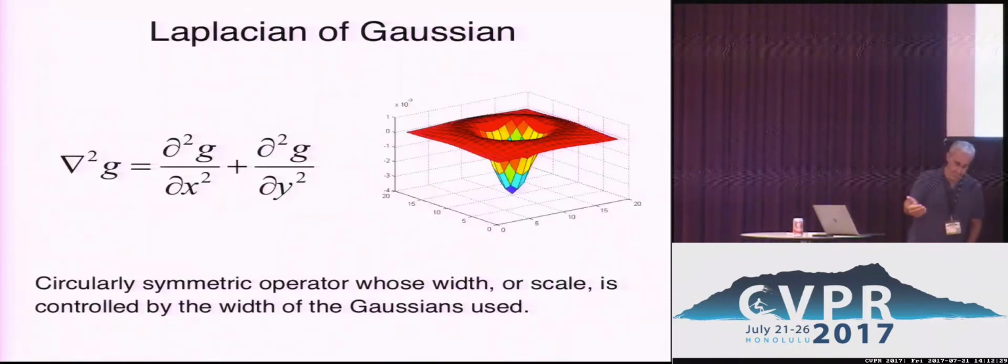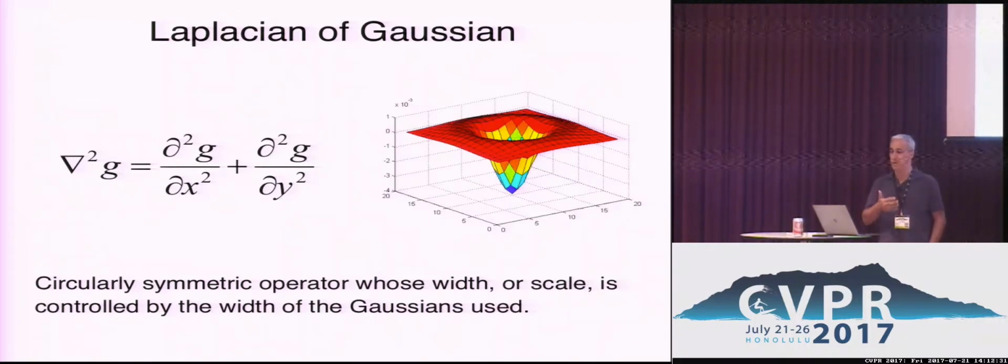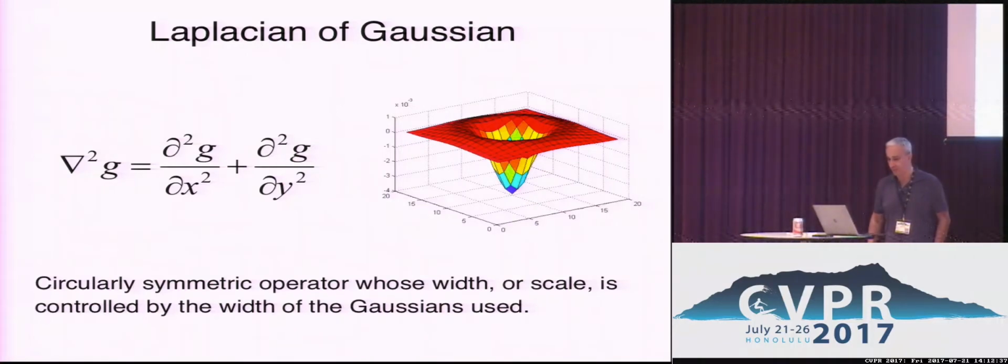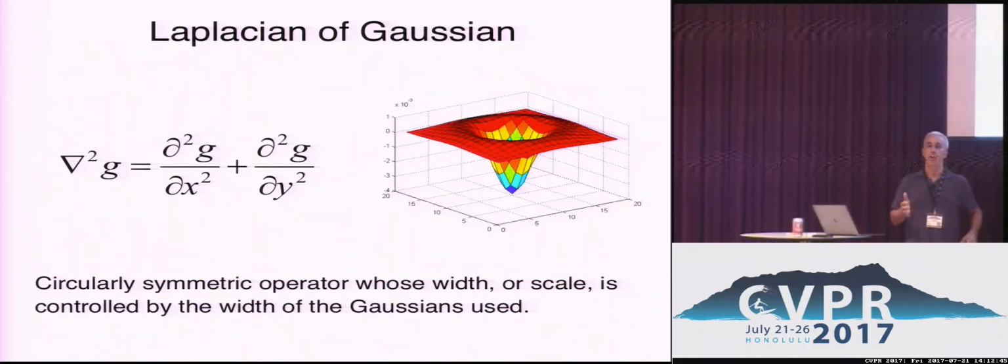And the idea behind it is that of using something called the Laplacian of Gaussian, which is a sum of second derivatives of the image. So that's, of course, implemented with Gaussian convolutions. And because they are Gaussian convolutions, the size of the operator depends on the sigma you use for your Gaussian. You can make it narrower or wider by changing sigma.